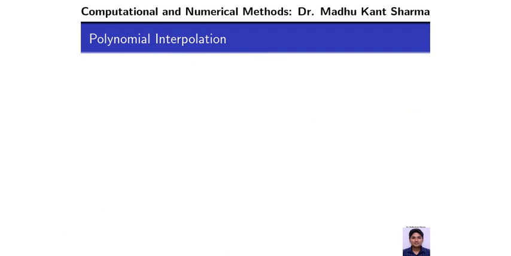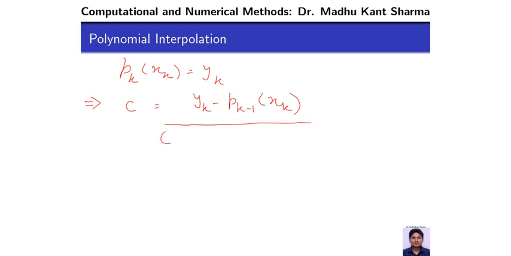So pk of xk is equal to yk. If you recall, if I follow the similar pattern, that will give you c is equal to yk minus pk minus 1 of xk divided by xk minus x0 to xk minus xk minus 1.